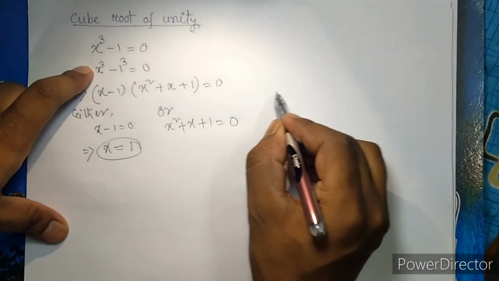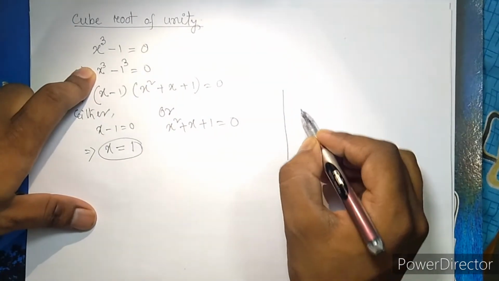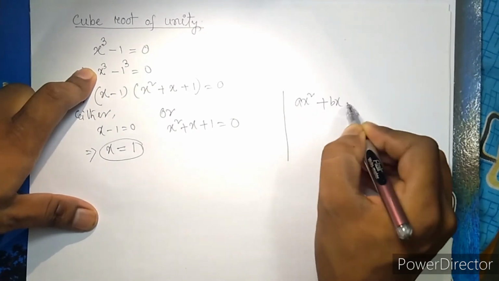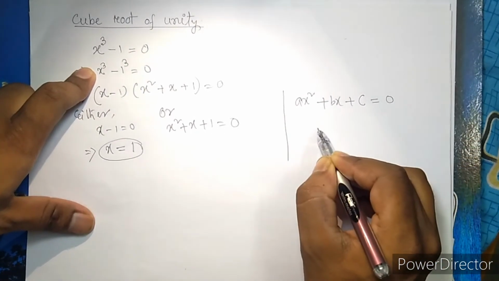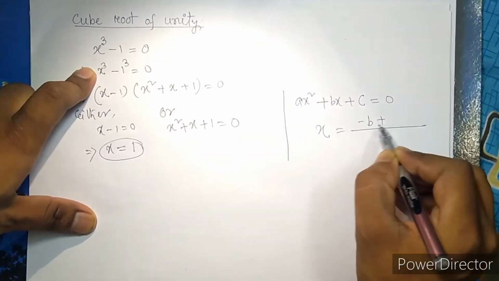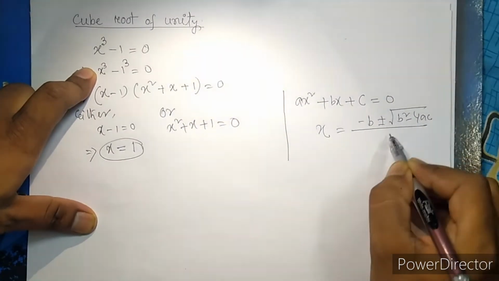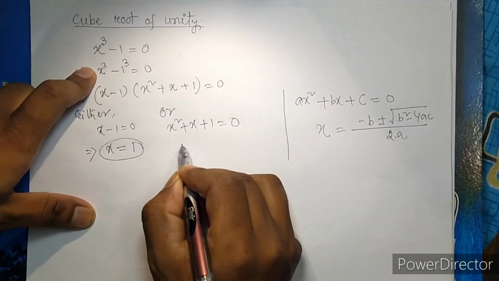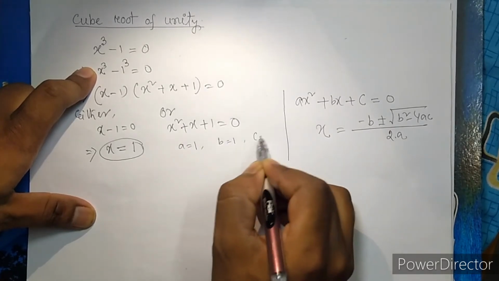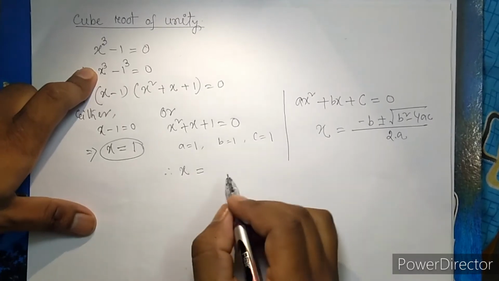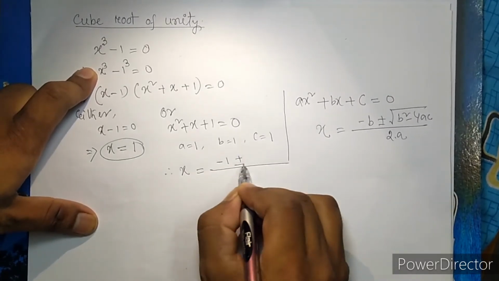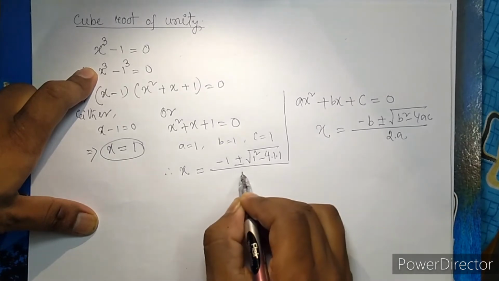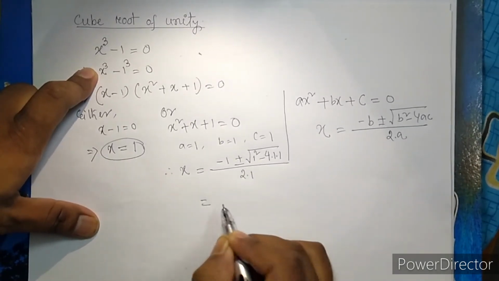In class 10 we learned that if there is a quadratic equation of the form ax square plus bx plus c equal to 0, then its roots are x equal to minus b plus minus root over b square minus 4ac divided by 2a.